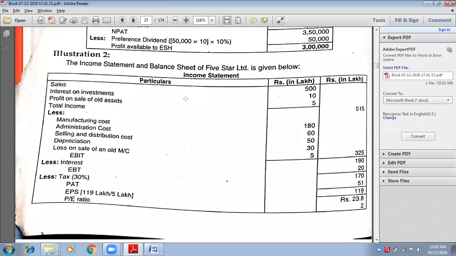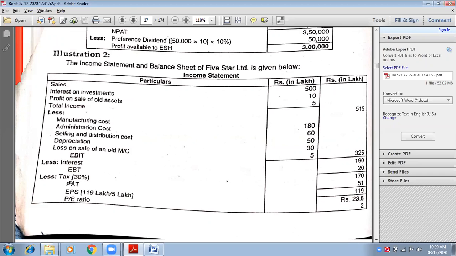Now, always remember, T is given in percentage. I don't want this amount because it is calculated on 170, and 170 is not useful for me. Remember, here 1 minus T means the tax rate has to be taken. Rate means percentage.